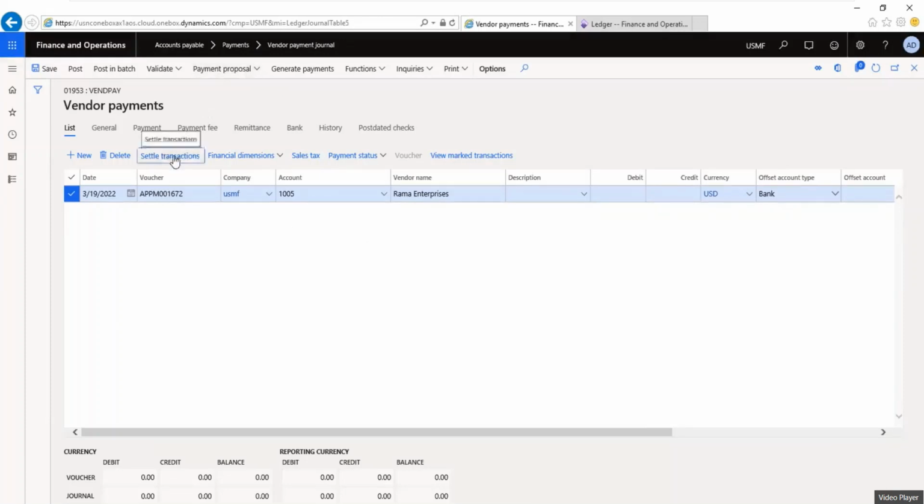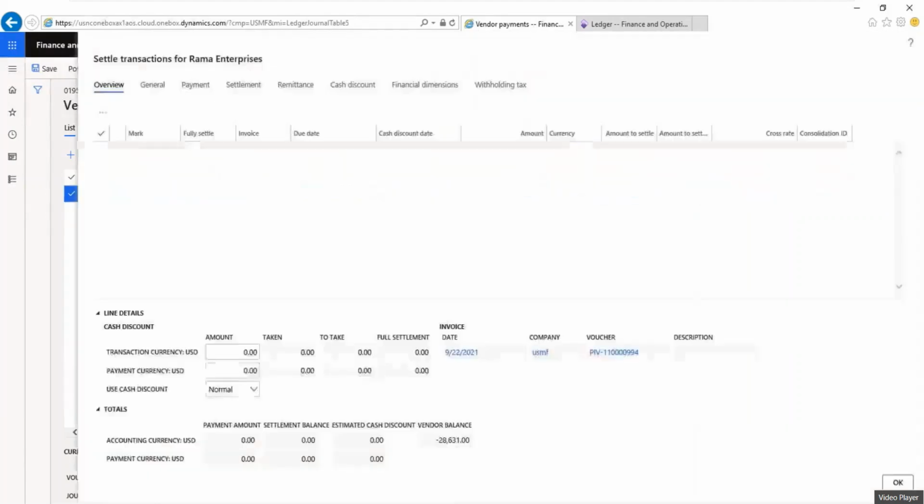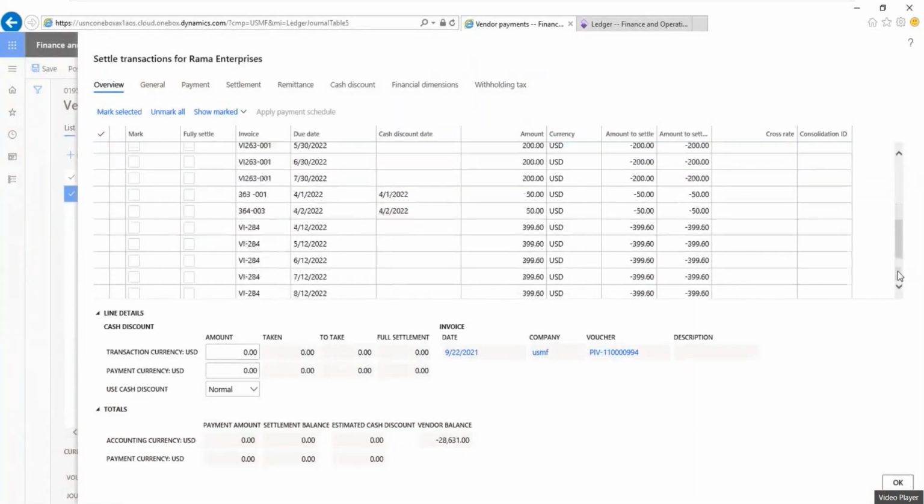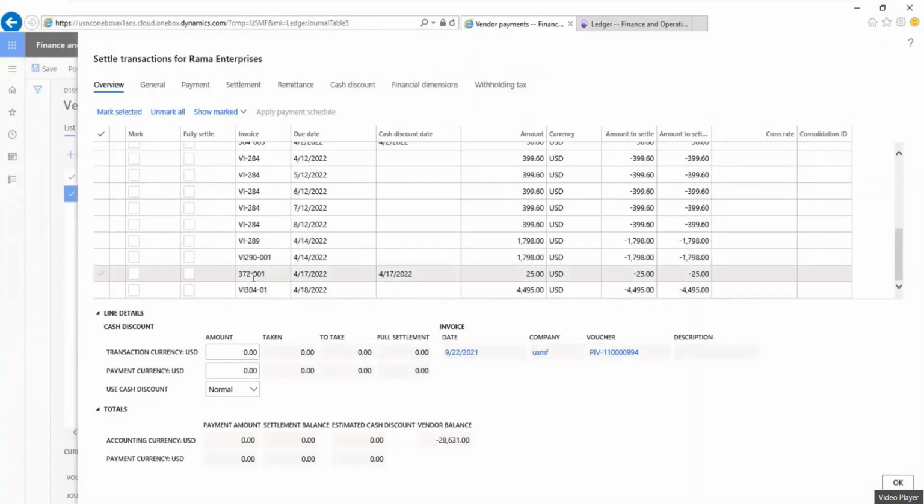First I'm showing you settle transactions. Whatever invoices we have generated today, it will show you. We have generated invoices and some transactions we have posted, and it will show you here. Look at this one. This is the posted invoice, a purchase order invoice.